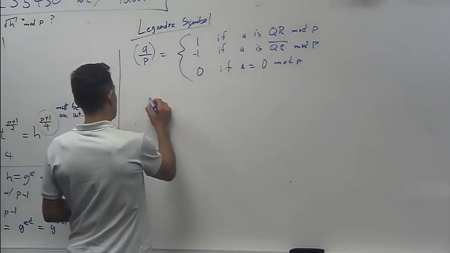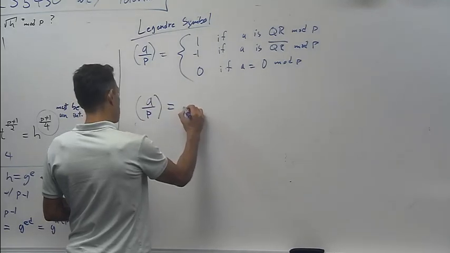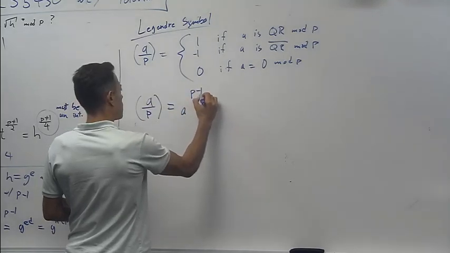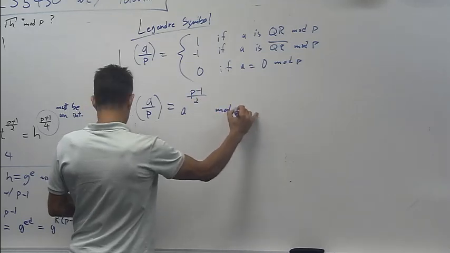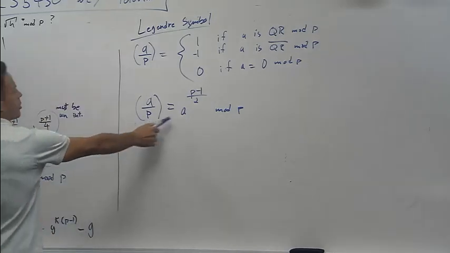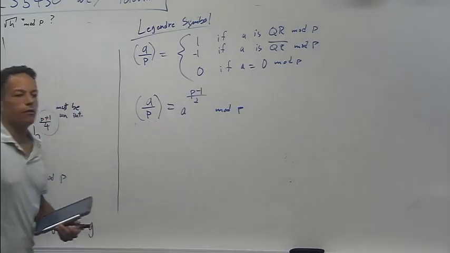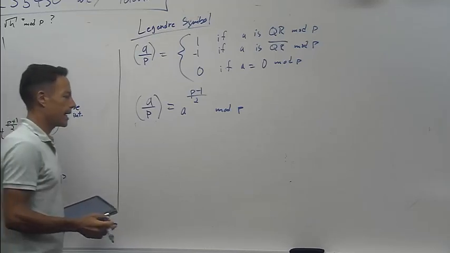The original definition was actually something like this, which, as you've seen before, works out very easily. So this is your super quick and easy way to check if a is a quadratic residue. And it has some really handy properties.